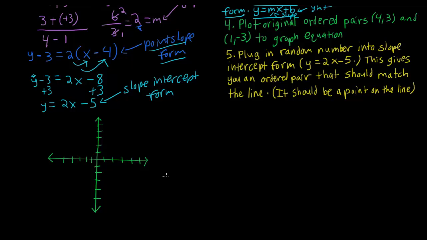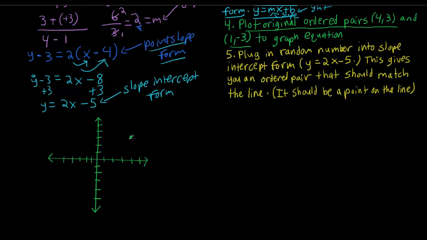Now we're on step 4. We want to plot the original ordered pairs, which is (4, 3) and (1, -3), to graph the equation. So we have our little graph here. If we plot 4 and then up 3, that will be about here.